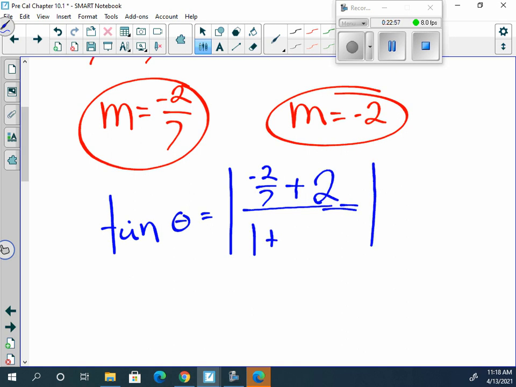Over 1 plus negative 2/7 times negative 2.